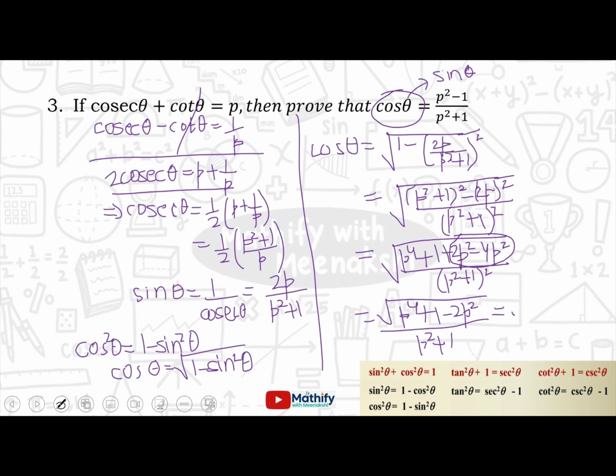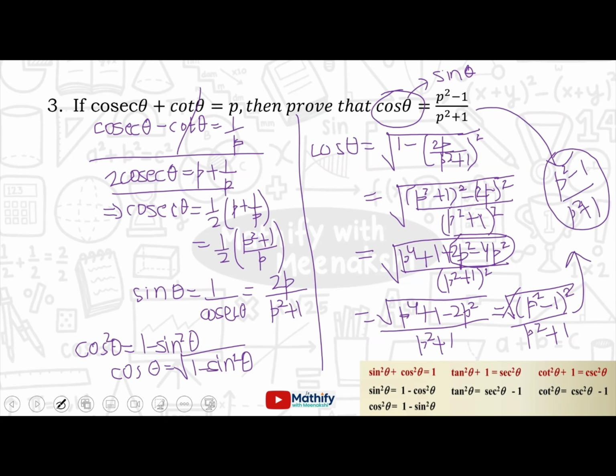It's an identity: p square minus 1 whole square by p square plus 1. So square and square root will get cancelled out. So your final answer is p square minus 1 by p square plus 1. So you have proved this result. Hence proved. Let's move to the next question.